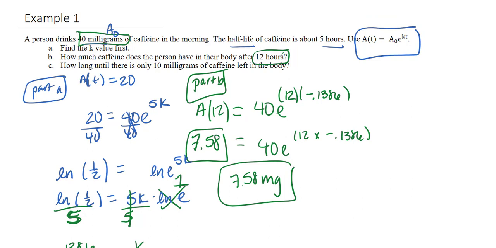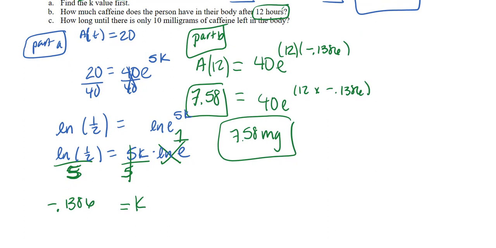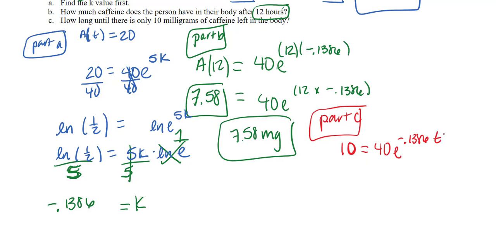Now let's do part C. How long until there's only 10 milligrams of caffeine in the body? This means we're going to have our ending amount be 10. Then we have 40 still. We still have e, and we still have our K. Except now we're solving for time. Everything else we can fill in. So like before, we divide by 40 on both sides.